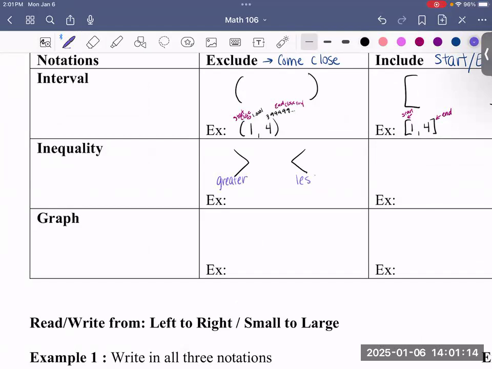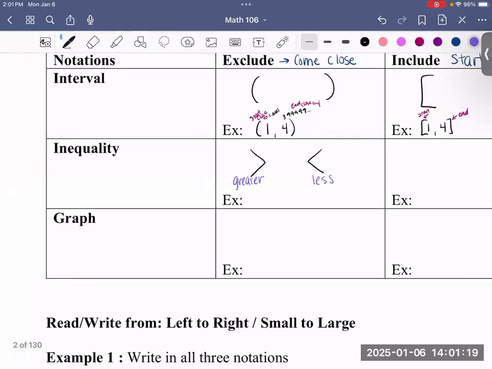If you have a hard time remembering which one is which, just think of when you spell the word greater, it kind of looks like the R in greater. For less than, it looks kind of like an L. I know there's something like the alligator or the shark analogies from way back when, but think about greater than and less than in terms of just written words, I would say.